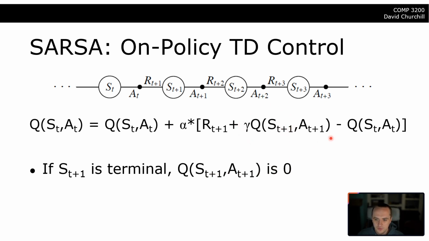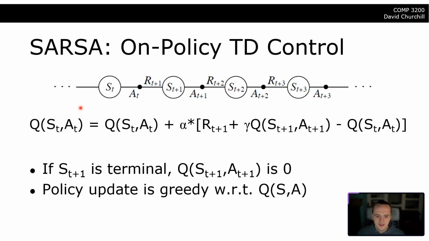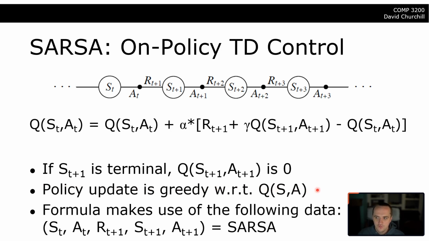So, for example, right here, this is using the value of the next state and the next action chosen to update the value of our current estimate of Q of S,A. And so the policy update is greedy with respect to Q of S,A. And the formula makes use of the following data.